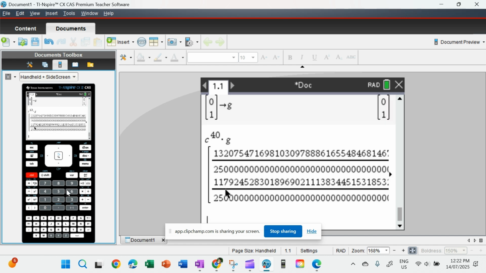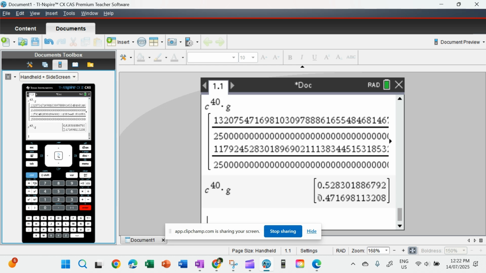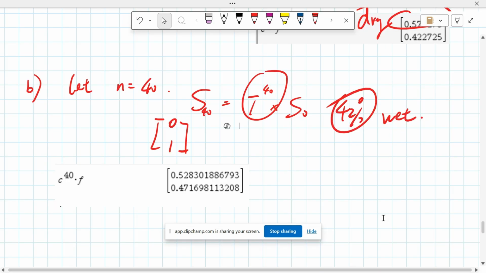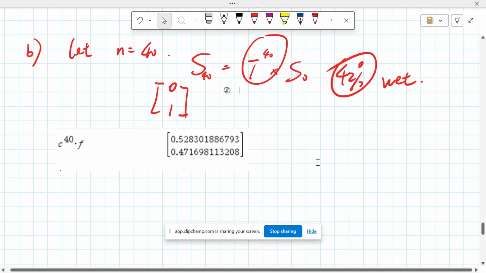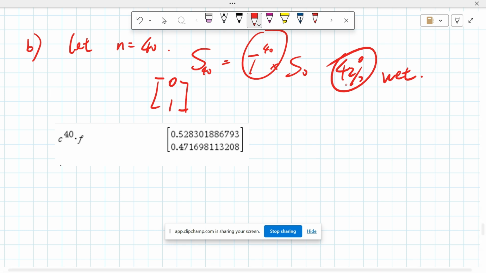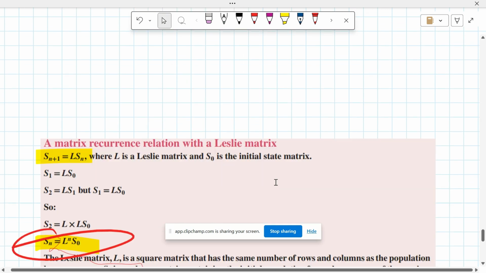Control equal, so you can say 47% chance will be wet. That's how you find the 47. Why am I writing 42? Just 47% chance it's going to be wet.